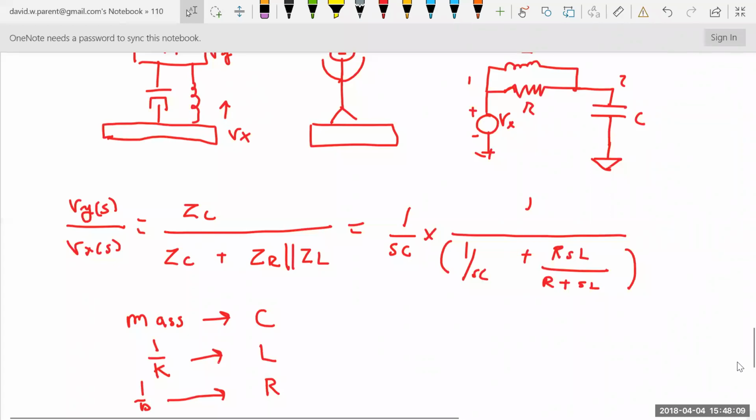So I'm pretty sure it'll be over, under, or critical, but I just don't know which. Now this equation is more accurate. The C comes from the mass, the L comes from 1 over the spring, the R comes from 1 over the B. But I can't tell over, under, critical. I need to get it into that polynomial format.